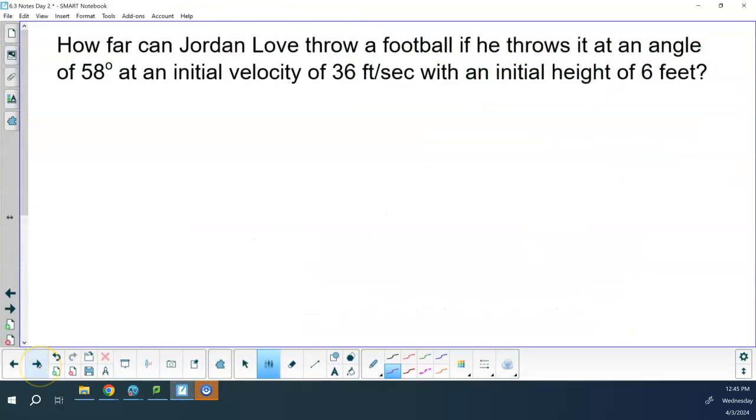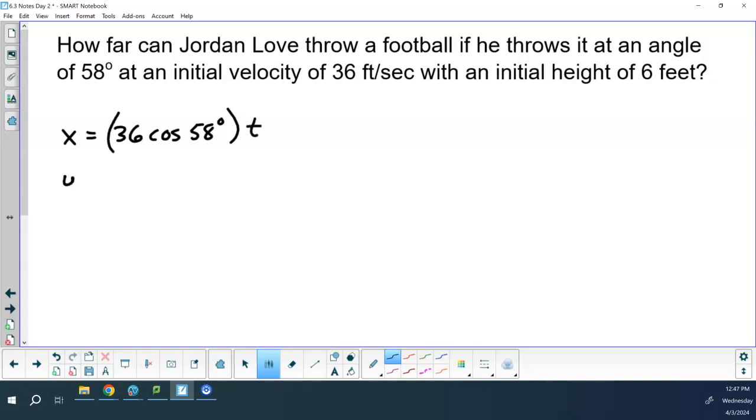With that being said, what I would like you to do now is see how far Jordan Love can throw a football. At least get the parametric set up for me. Set the parametric up for me. We'll go through the rest of it. So we should have come up with an x function of 36 cosine of 58 degrees times t.